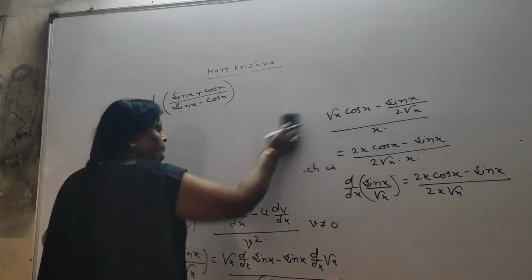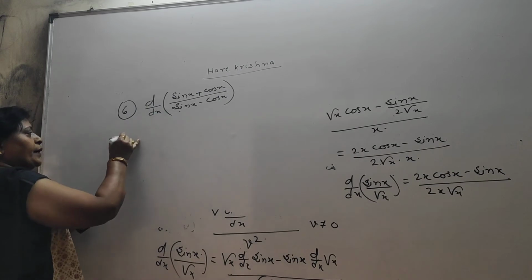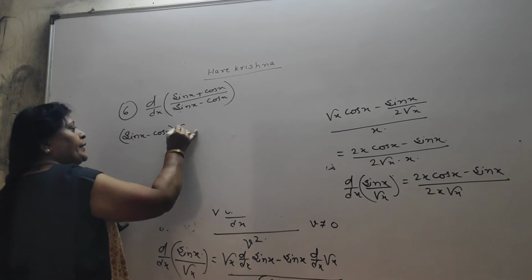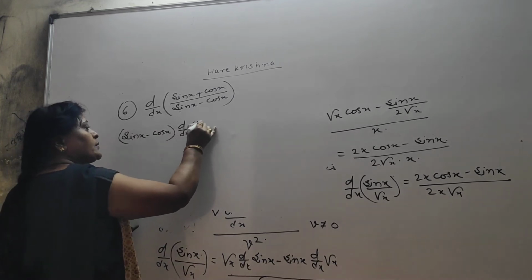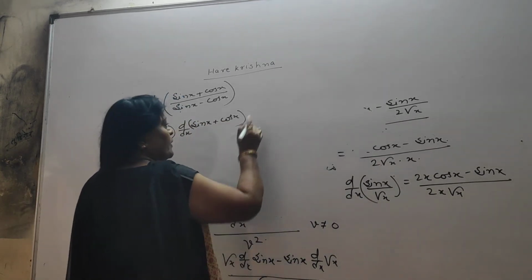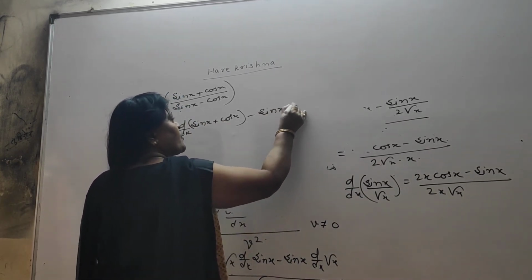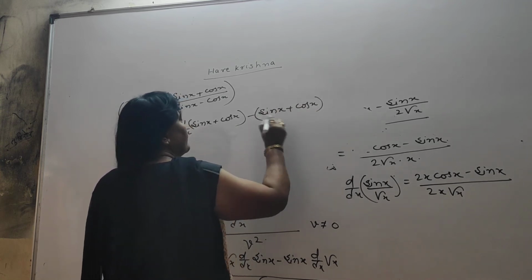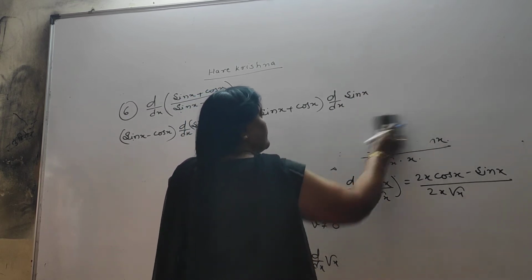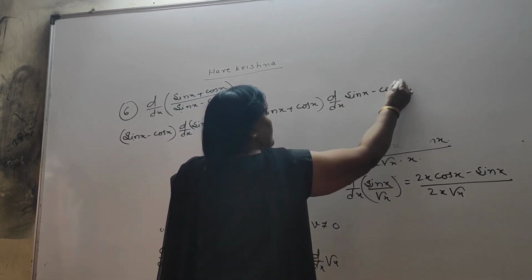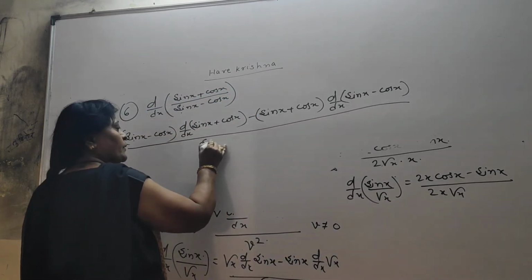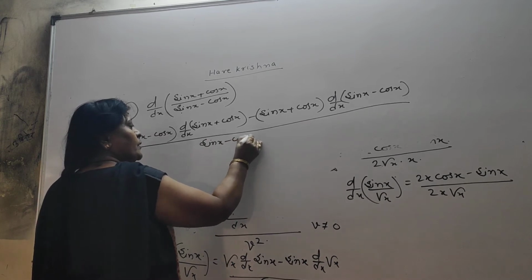Now see, here again, denominator remain as it is, sin x minus cos x remain as it is, d/dx of sin x plus cos x, minus sin x plus cos x remain as it is, take d/dx of sin x minus cos x, divided by (sin x minus cos x) whole square.